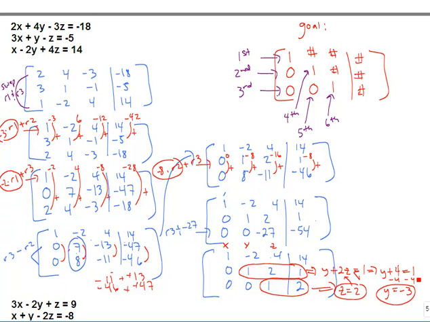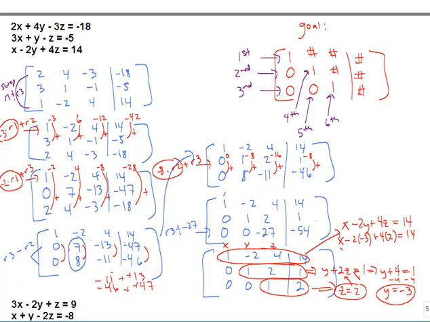So now I know z and y. So then I'm going to back up one more row, and that's going to tell me x. So let's translate this. We get 1x minus 2y's plus 4z's has to equal 14. And if we substitute in, y is negative 3 and z is 2.